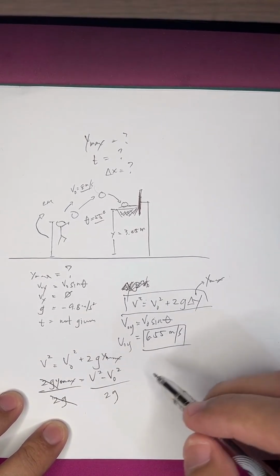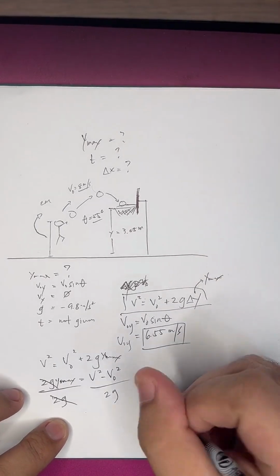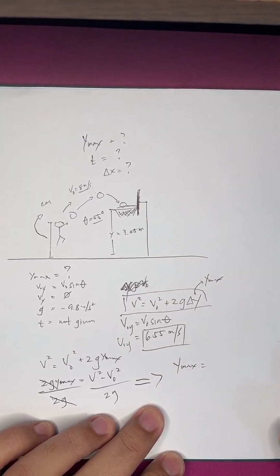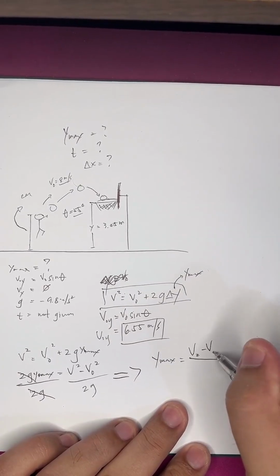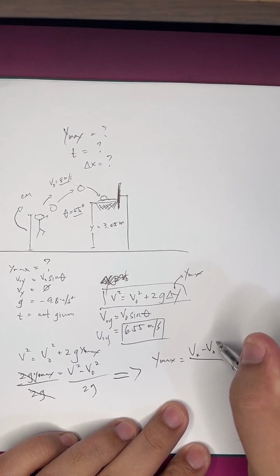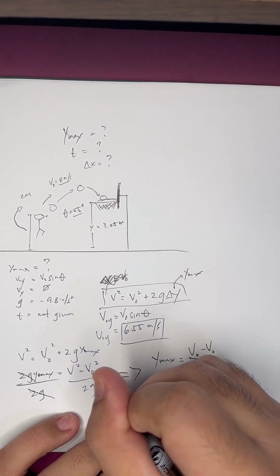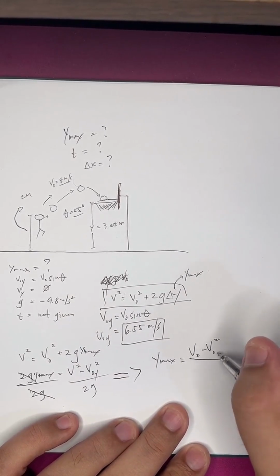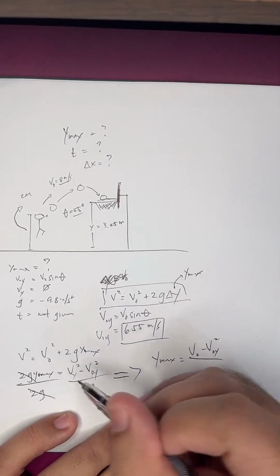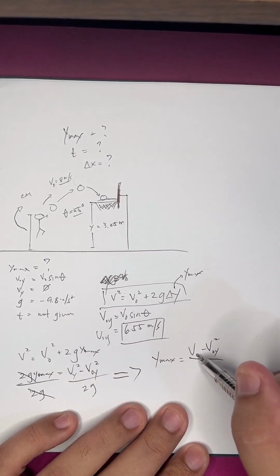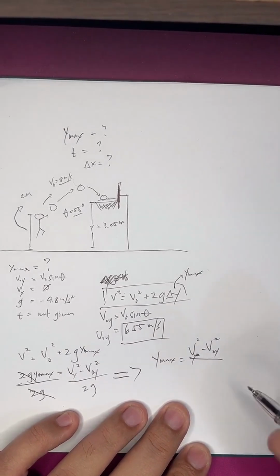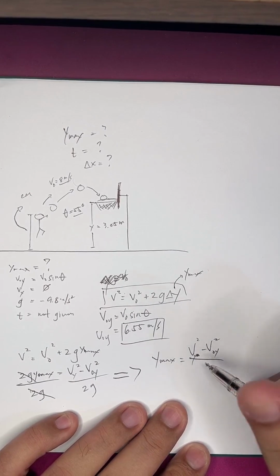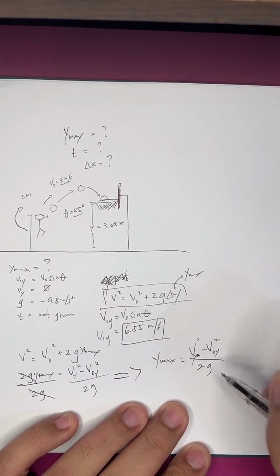And we will end up with the equation that we will be using, which is y max equals v squared minus v naught y, sorry, squared. Sorry, I forgot to place the y, so that we would know that it is a vertical direction that we are describing, all divided by 2g. Right.